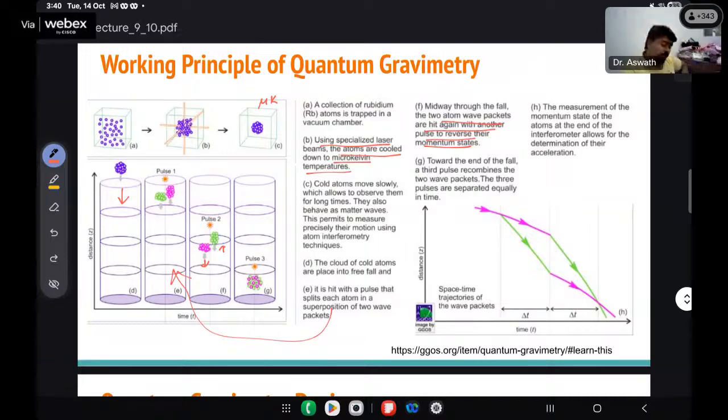So by using three sets of pulses, first, second and third, the third pulse combines both of them. I am just going to create two different groups, separate them and then put them together. On the right hand side, what you have is distance versus time.